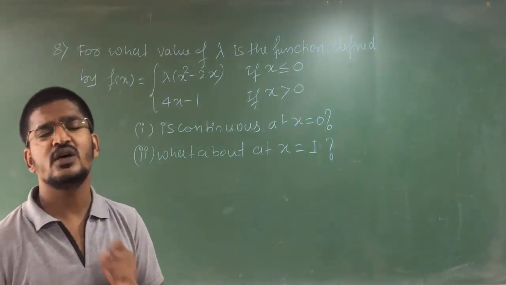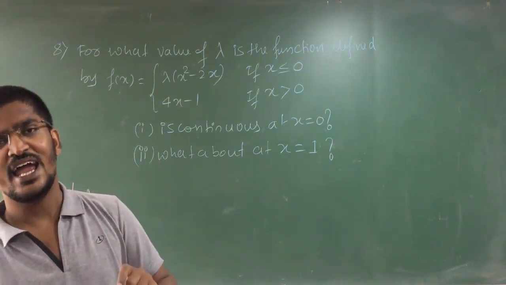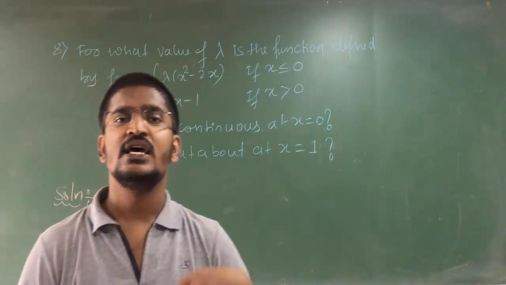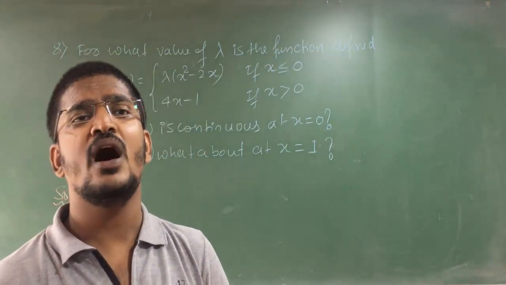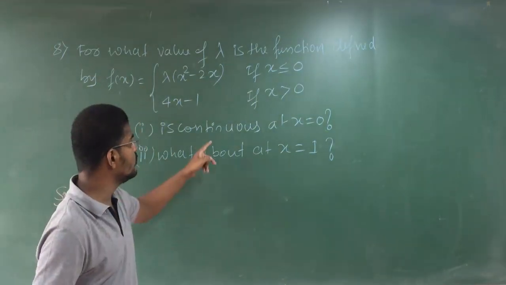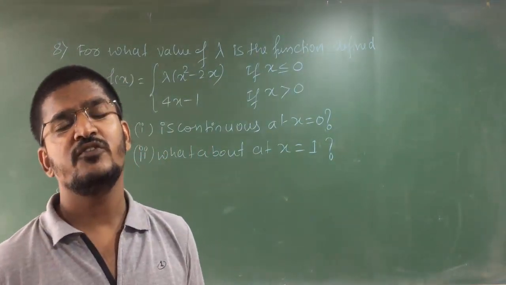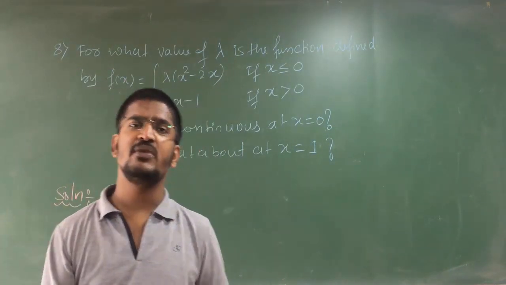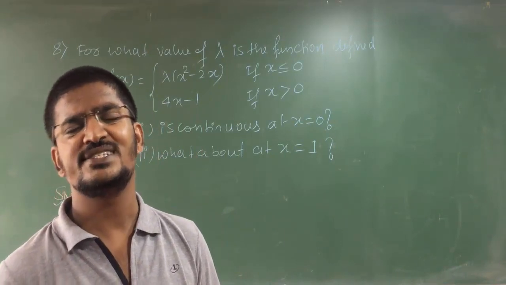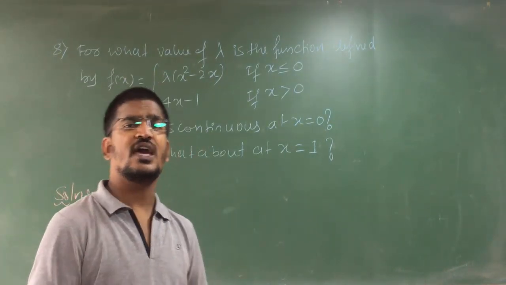They are asking whether it is continuous or not. If it is continuous, then what is the value of lambda? Again, they have not given only 1 point, they have given 2 points. You have to check the continuity for 2 points. If they are continuous, you can find lambda. If they are not continuous, then there is no need of lambda. You can say that lambda is not possible. Clear? Okay, let us solve now.